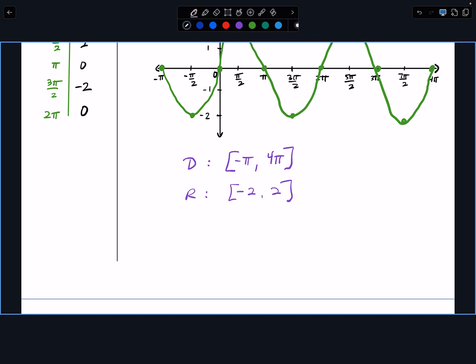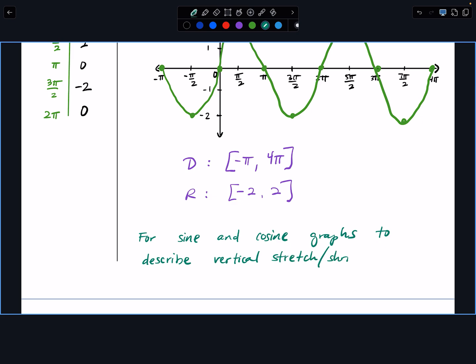So, for sine and cosine graphs, to describe a vertical stretch or shrink, we use the word amplitude.